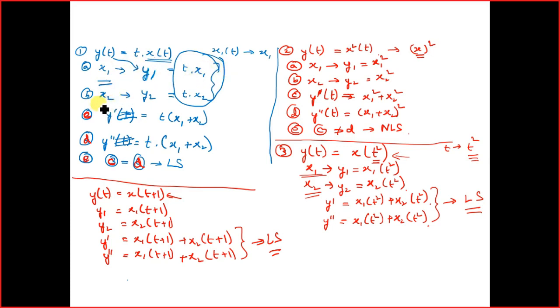In another instance, I give x2 as the input and I get output y2, which equals t multiplied by x2. Now y dash is nothing but y1 plus y2.